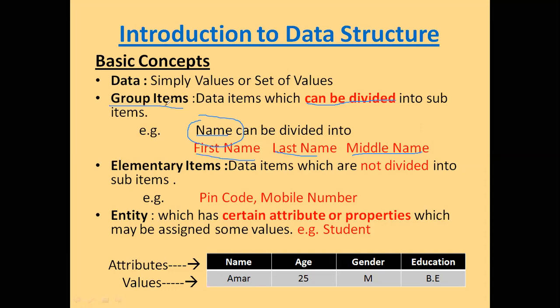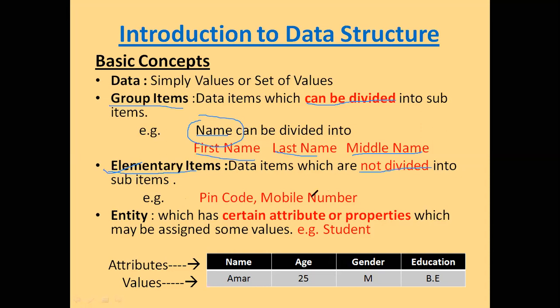So what is group item? Group item is basically data items which can be divided into sub items. Now next is elementary items. Elementary items means data items which are not divided into sub items. Means which you cannot further divide into sub items. These are called elementary items.